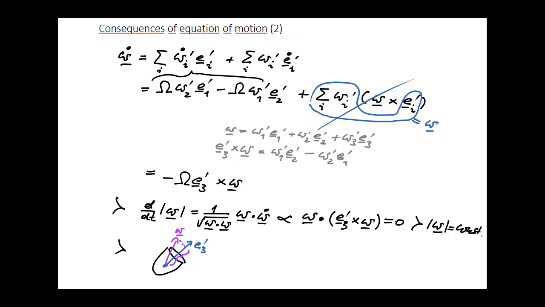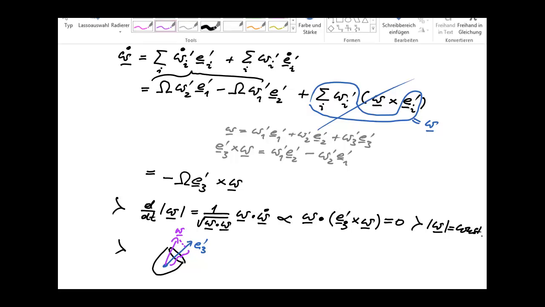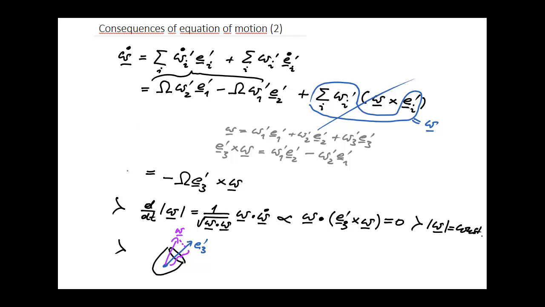That's the component omega 3 prime. That's constant in time. What we just showed here, as a consequence of this equation for omega dot, is that also the length of omega is constant.